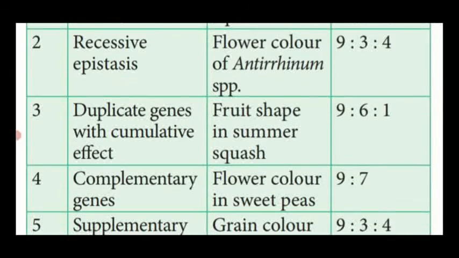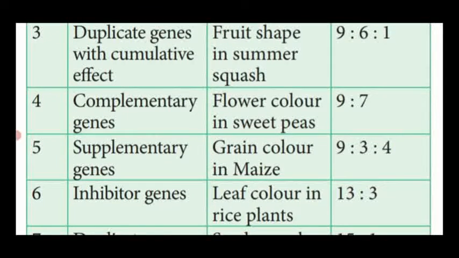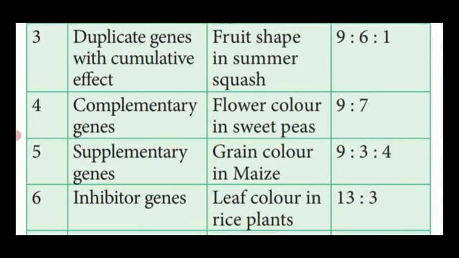Next one, recessive epistasis in Snapdragon or Antirrhinum species, flower color ratio 9:3:4. Then duplicate gene with cumulative effect of summer squash in fruit shape, ratio 9:6:1.